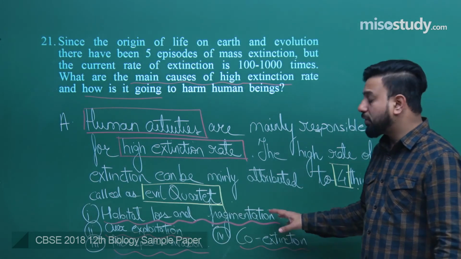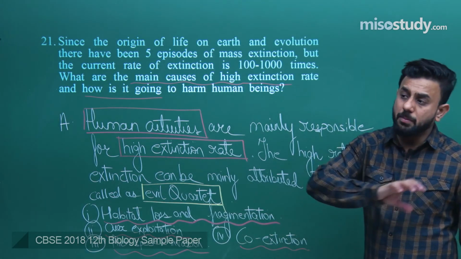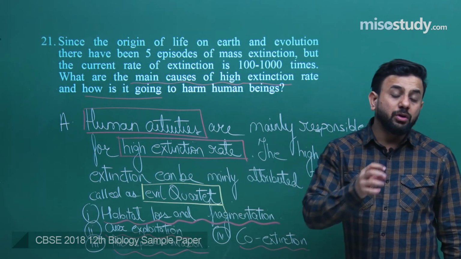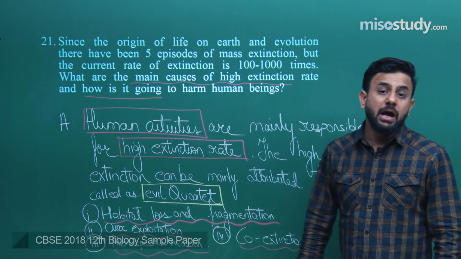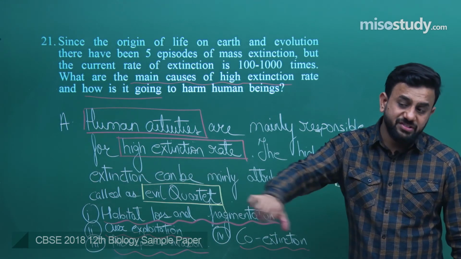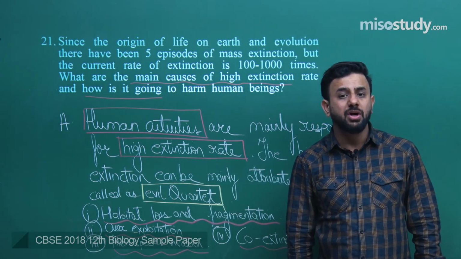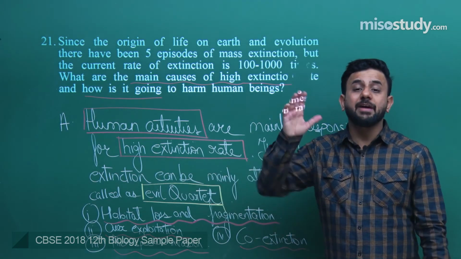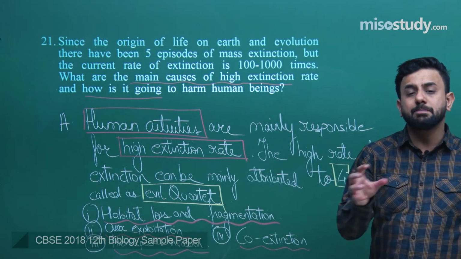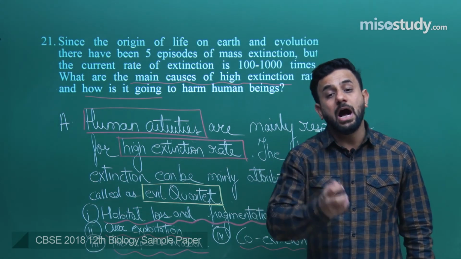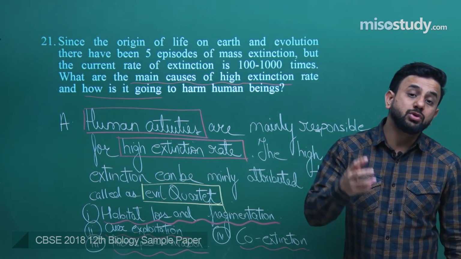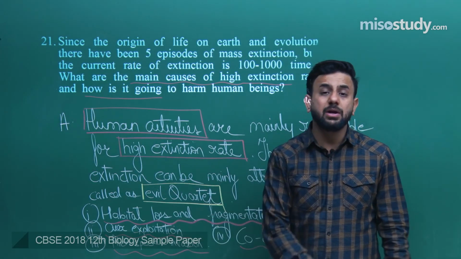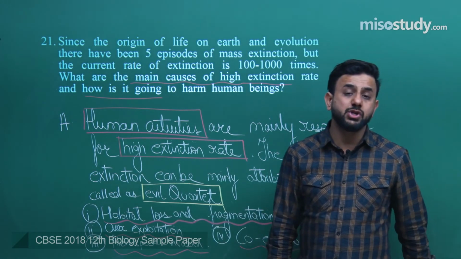For example, say there is a big forest. Now, there is a highway going, and they want to take out a certain part of the road from that forest. So they will cut that part. They are fragmenting the forest, and that cut part also is leading to the loss of habitat. So fragmentation and habitat loss is leading to extinction of the species.